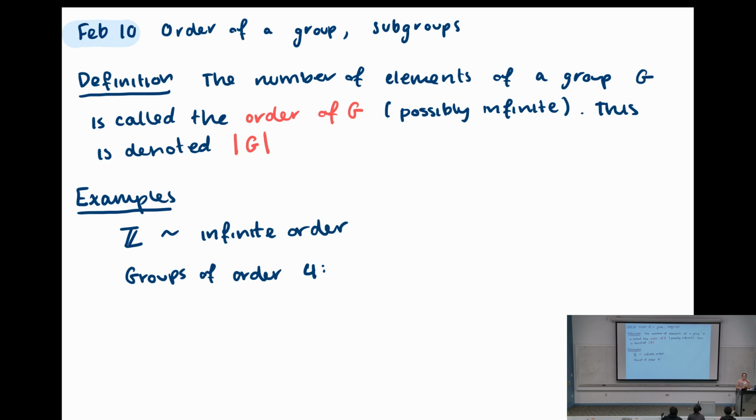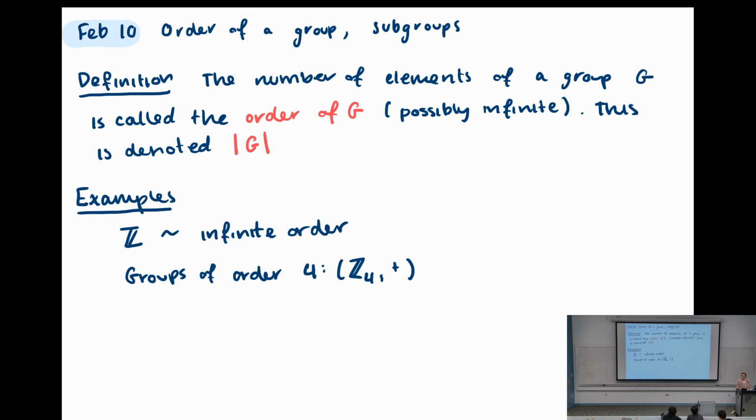Can anyone think of an example? Yeah. It would have 4 elements: 0, 1, 2, 3. So one example is Z_4 with addition. It'd have the 4 elements 0, 1, 2, and 3.